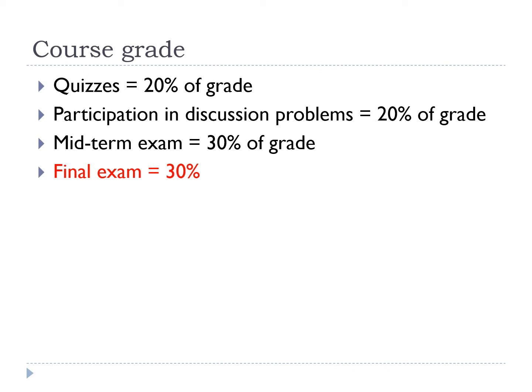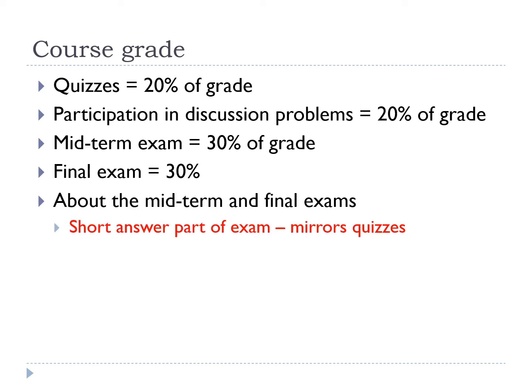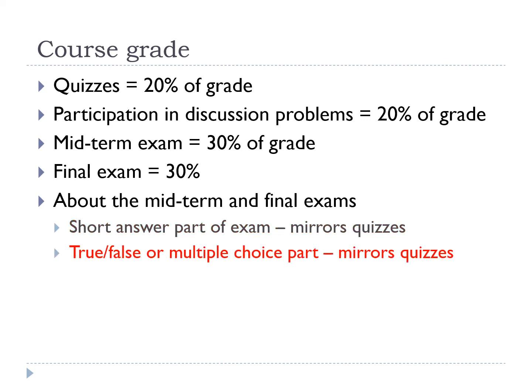It is taken between Friday and Sunday of week 7. The midterm and final exams include both short answer and objective answer questions. The short answer part mirrors the short answer questions in the quizzes that you have been taking during the course. And the objective part mirrors the true, false, and multiple choice questions in the quizzes.